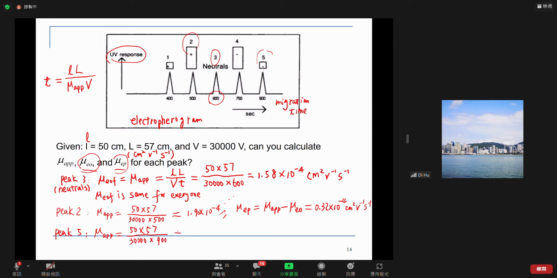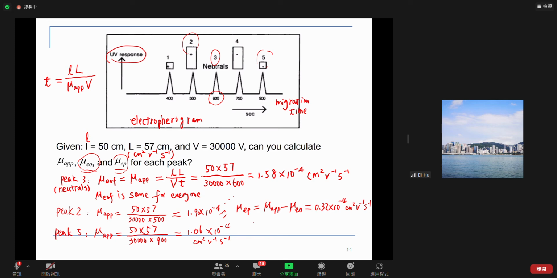So I got this one equal to 1.06 times 10 to the minus 4th square centimeter per volt per second. Pay attention to the units, because if you're using different things, it will be different.